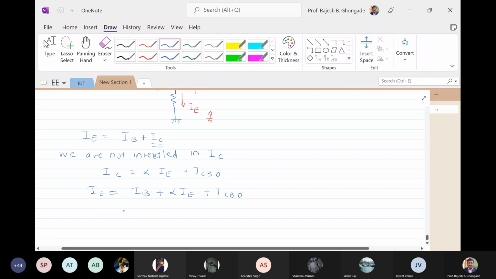So now if I transpose this term to the left hand side, what do I get? 1 minus alpha DC into IE is IB plus ICBO.